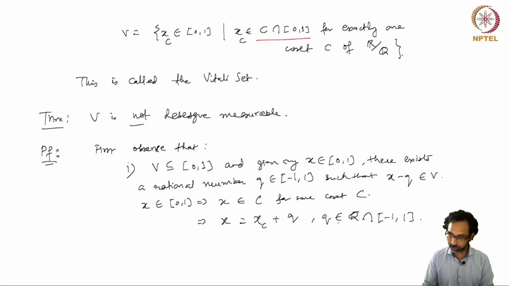So this is why we get a rational number q such that x minus q belongs to V.